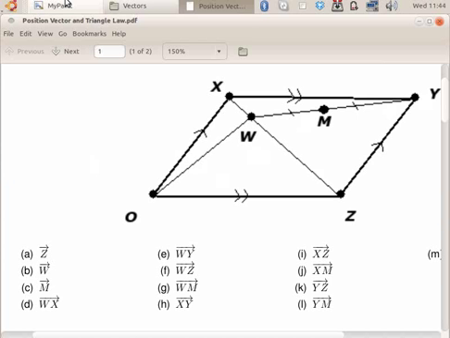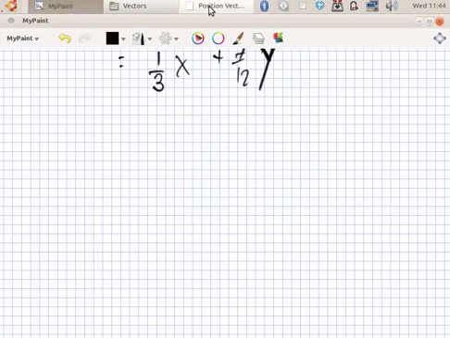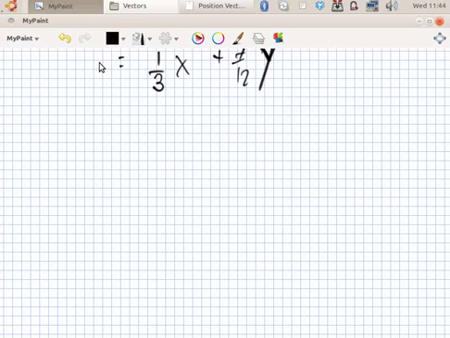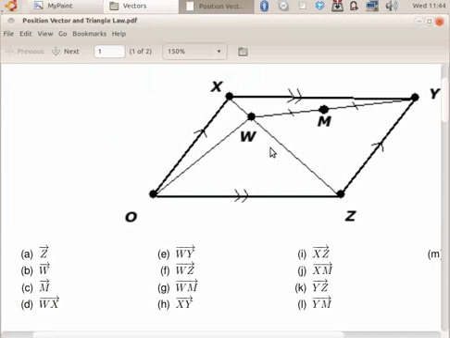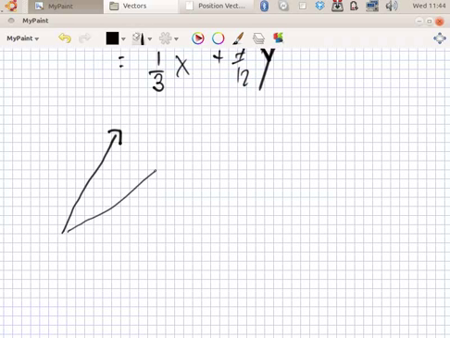Let me draw it here. Look. x is this vector, so that would be roughly this length here, okay? And then y is this long vector here, so that would be roughly like that vector there.